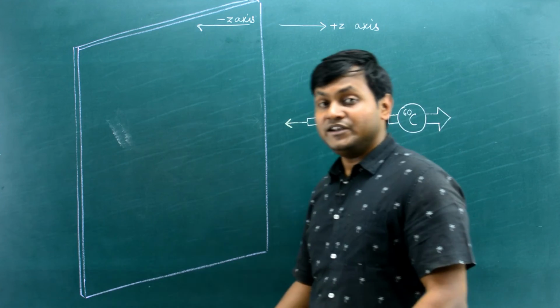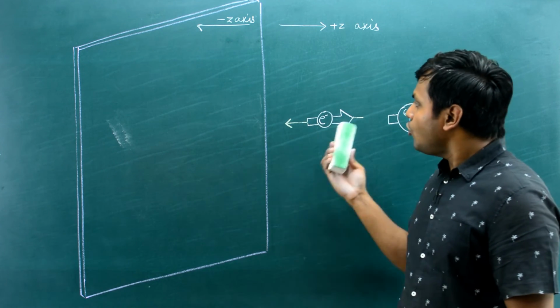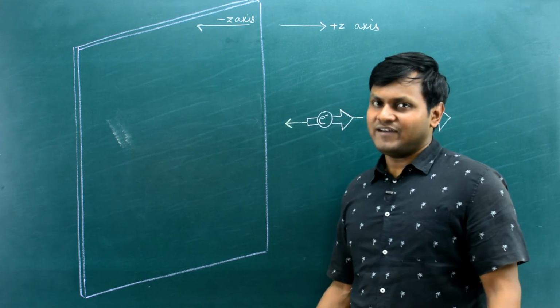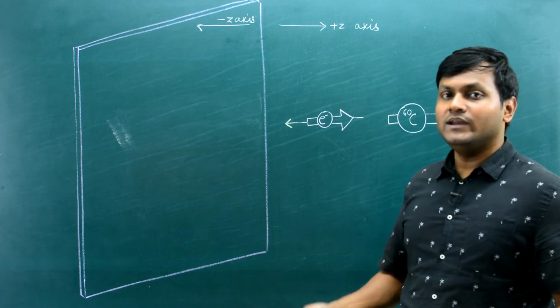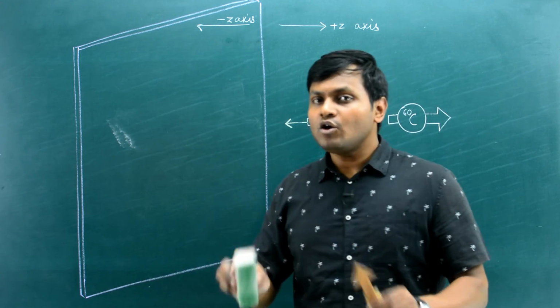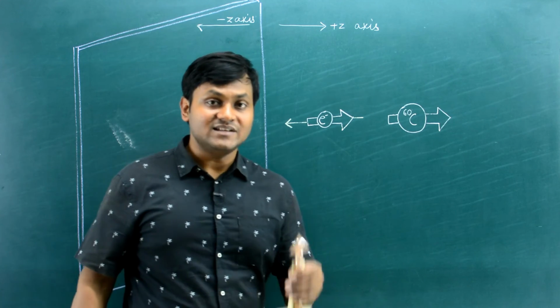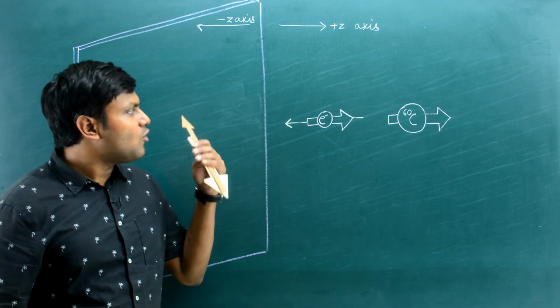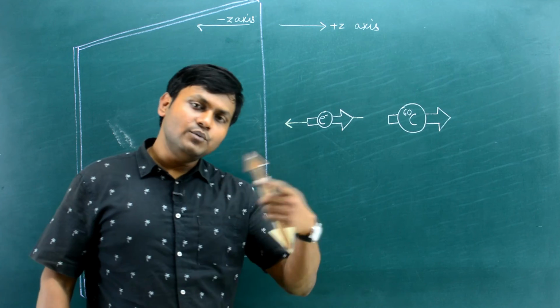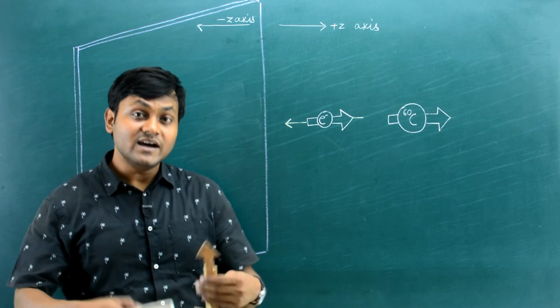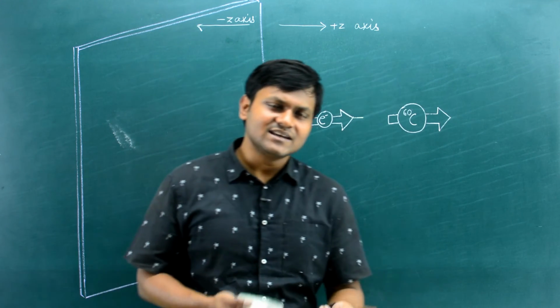Alright, if parity was conserved, both of these phenomena should have happened and should have been equally likely, but this does not happen. Only this happens. That means the electrons emitted are always in the direction opposite to the cobalt-60 spin, thereby violating this conservation of parity principle.